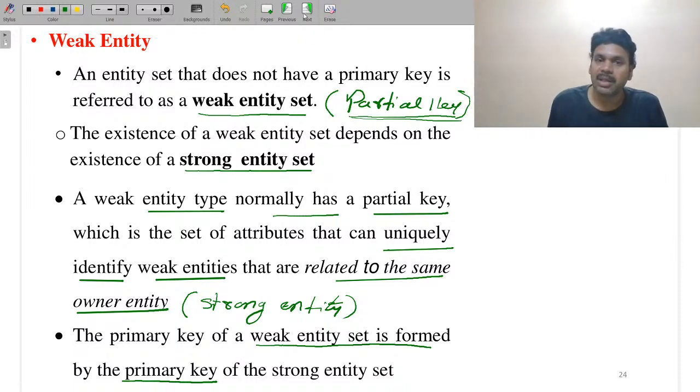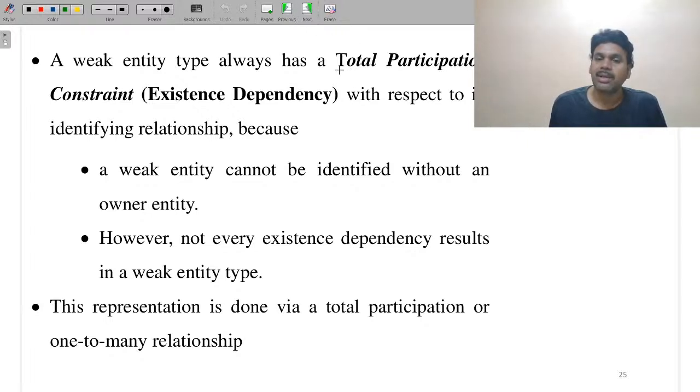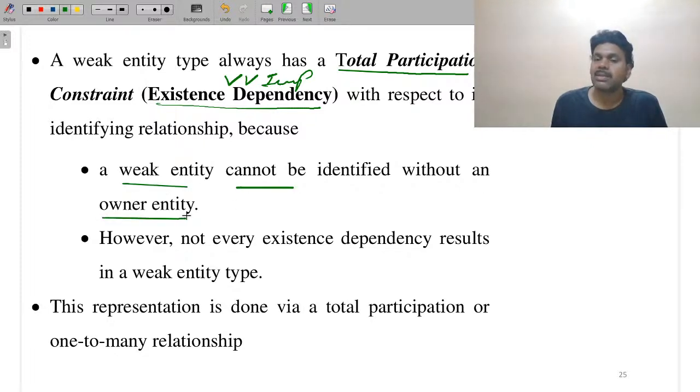So a weak entity must be represented using total participation, also called existence dependency. Very important, this is. Total participation, also called existence dependency. The important thing you need to understand here is that a weak entity cannot be represented without an owner entity. So the owner is compulsory.